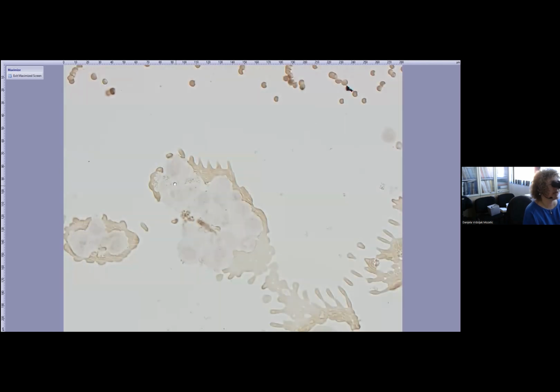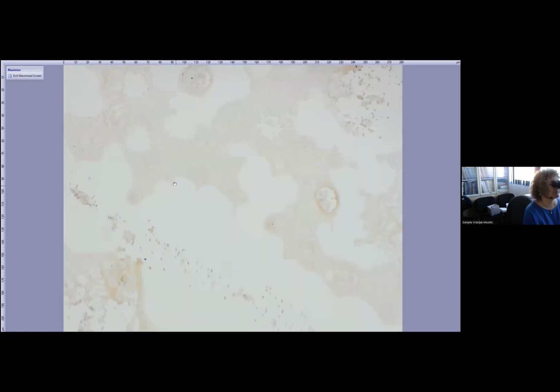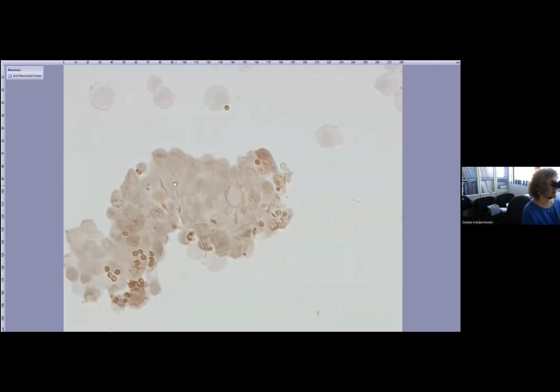So, okay, we were relieved. We really thought that all these cells are, here you can see the negativity of the mesothelial origin. And it is totally important because of the staging of the disease.